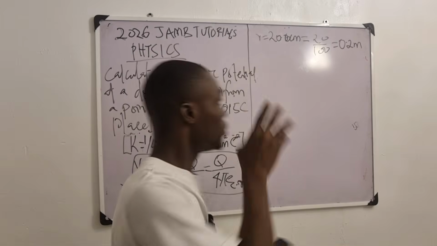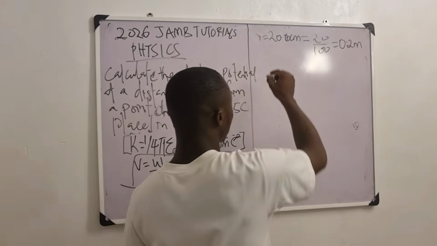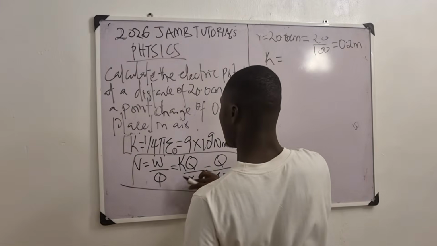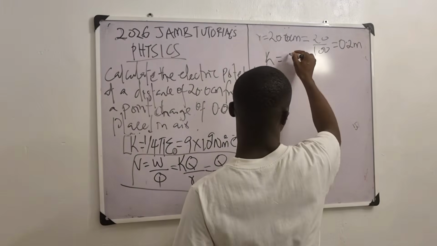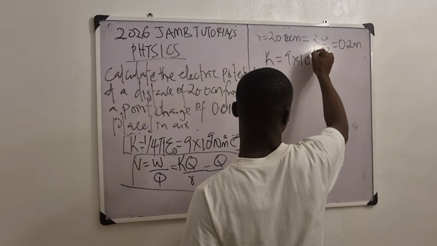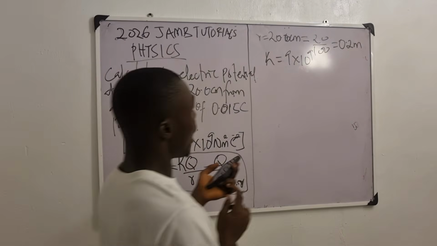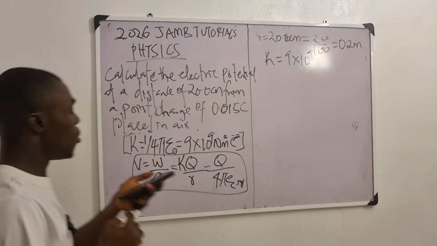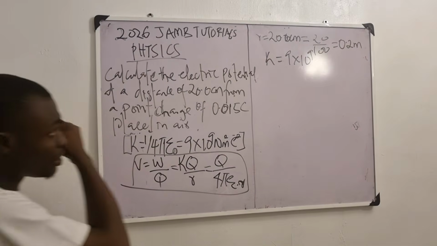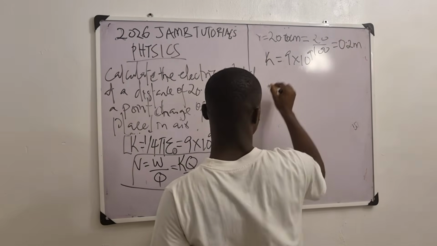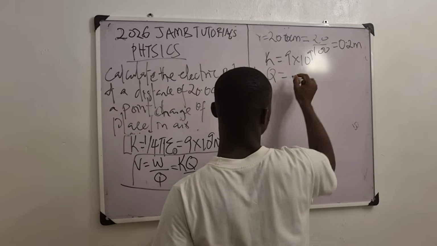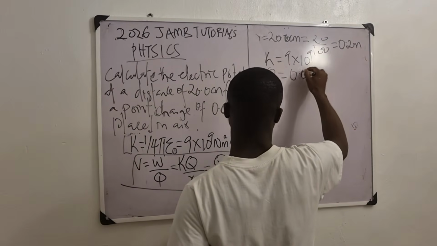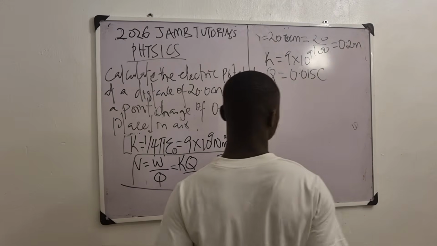Then our K equals 9 times 10 raised to the power 9. The next thing is the charge Q, which equals 0.015.